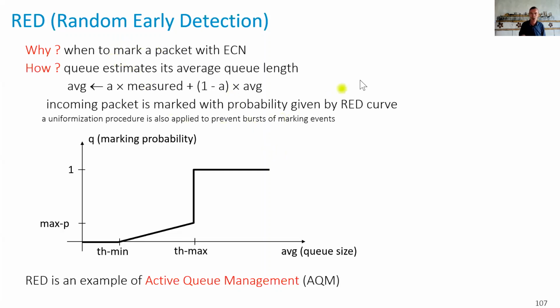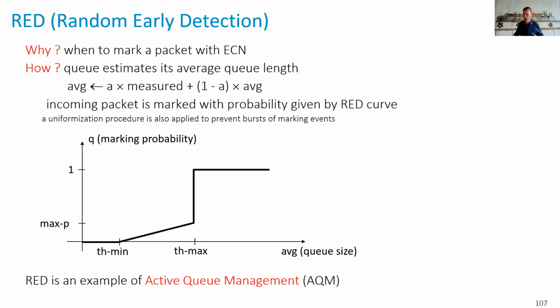So they could do things like use queuing theory, and there are a number of methods that have been used. All those methods fall under the keyword of active queue management, but the most widespread method is very simple. It computes a smooth estimate of the average queue length. The instantaneous queue length here is on the x-axis.